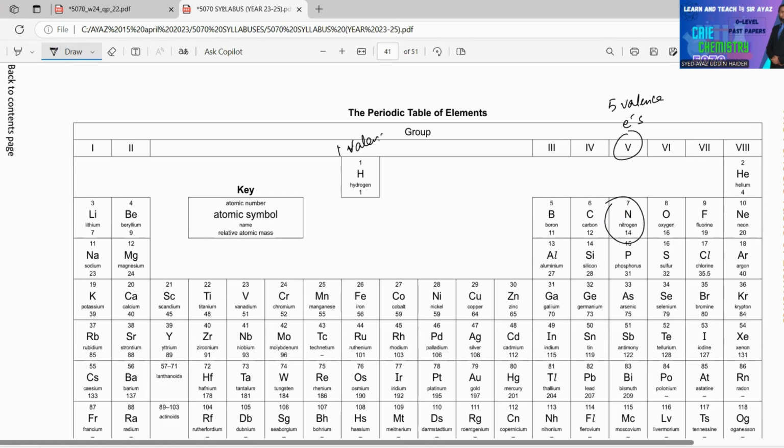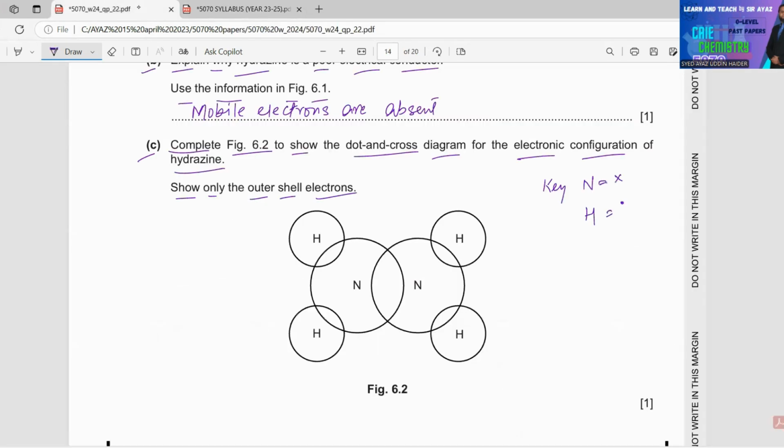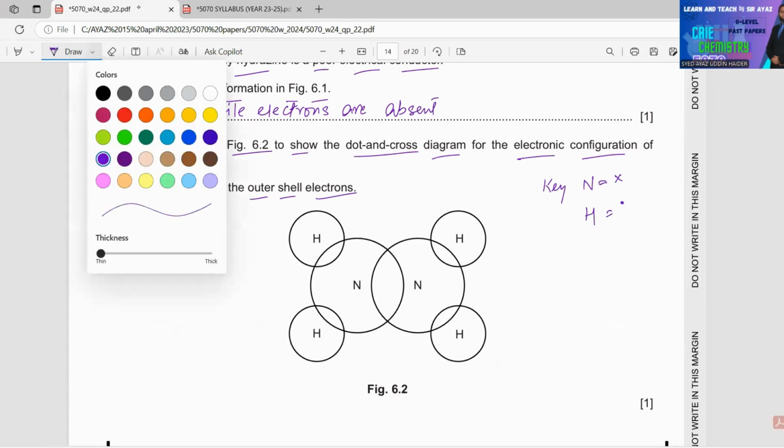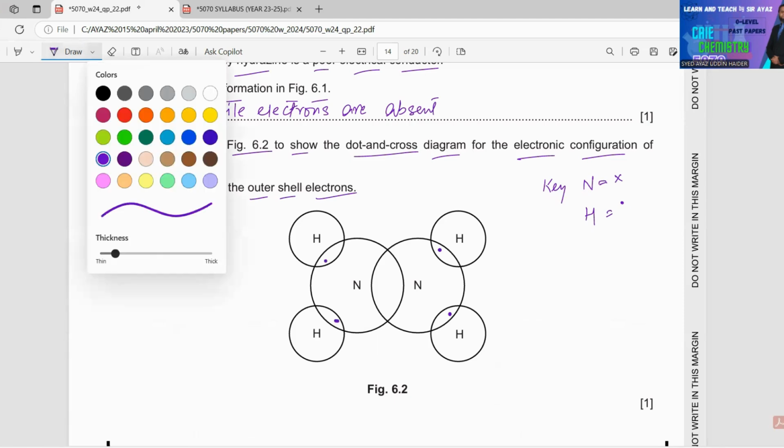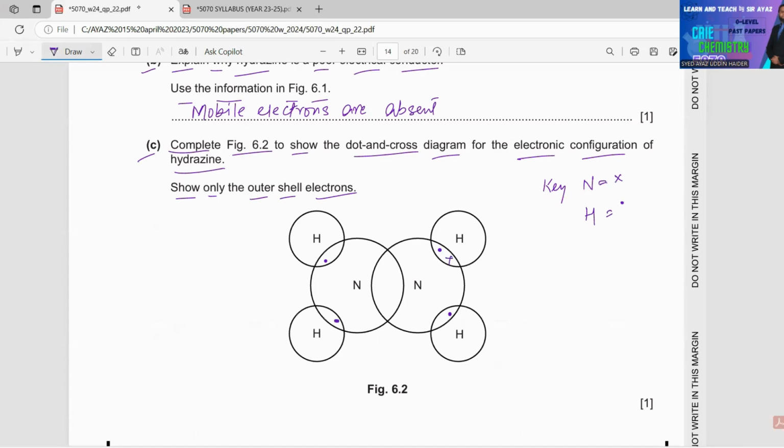The proton number of hydrogen is 1. So each hydrogen atom is having 1 valence electron. So for the right hand side, 1 for this hydrogen, 1 for this hydrogen, 1 for this hydrogen. Now, for each nitrogen, we have to show 5 valence electrons: 1, 2, 3, 4, 5.